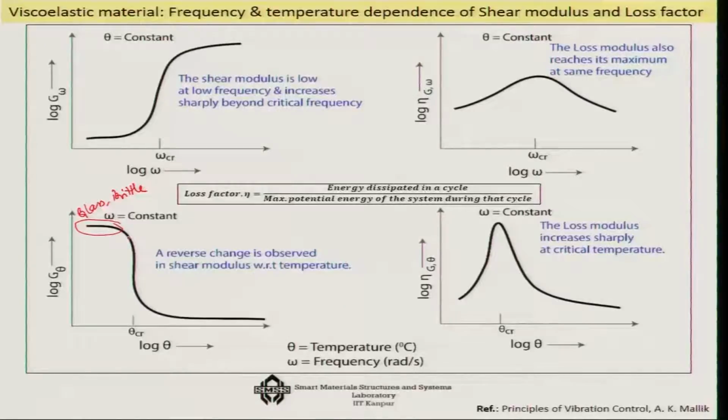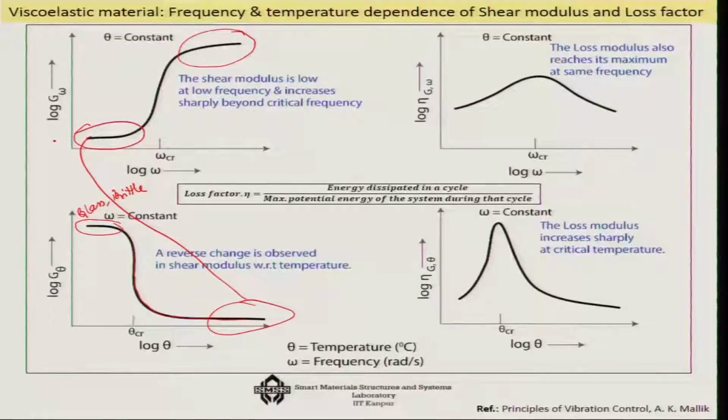But as the temperature increases, this motion increases and there is a sharp fall in the shear modulus. Now, frequency behaves just the other way around. Whatever happens at a low temperature is going to happen at a high frequency level, and whatever happens at a high temperature is going to happen at a low frequency level.